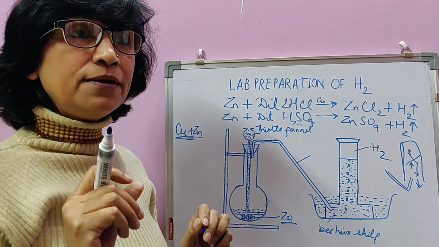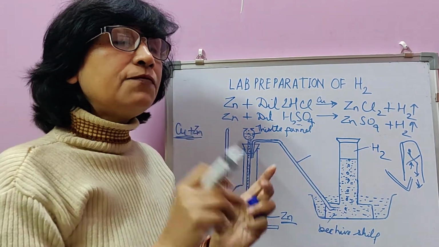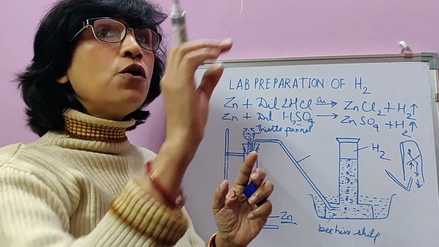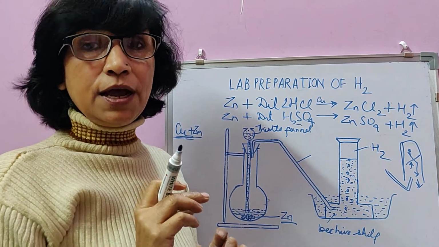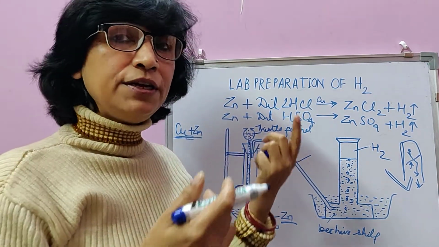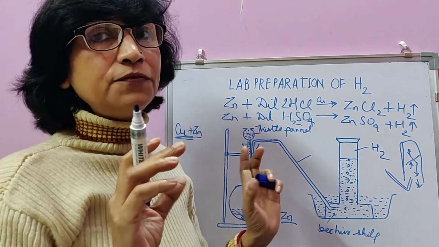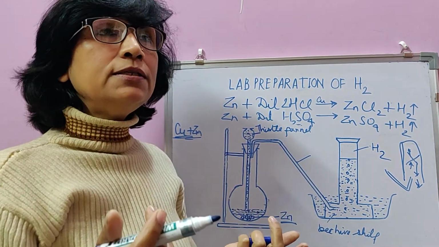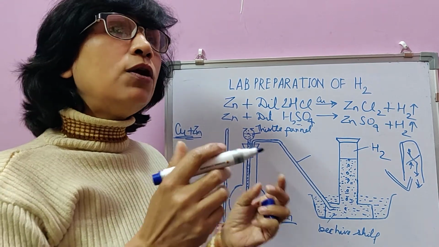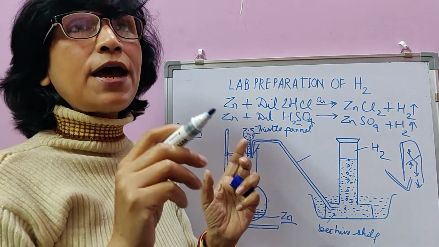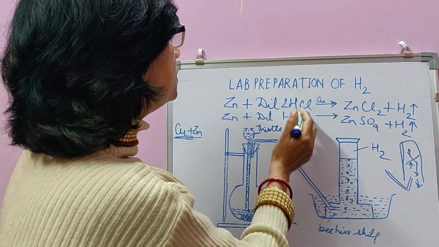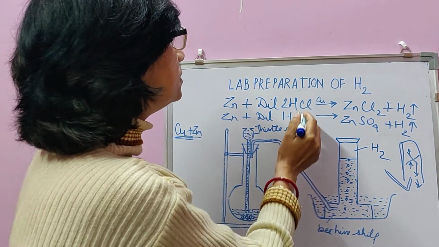If we take aluminium, after some time the reaction forms a coating of aluminium oxide over it, and then the reaction gradually stops, means ceases. Zinc is good enough, no problem. Metals like tin and lead form insoluble chloride and sulfate with hydrochloric acid and sulfuric acid.